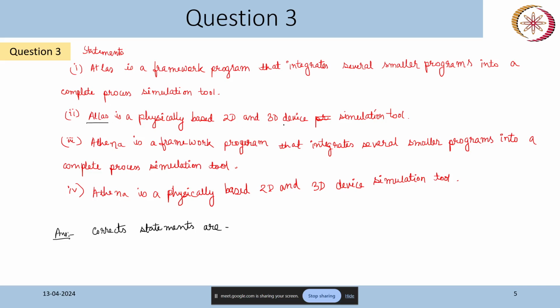Okay, this has been discussed in the videos by the course instructor Professor Vivek Dikshit. So Atlas is a device simulation tool, and Athena is a process simulation tool, right? So statements 2 and 3 are correct.